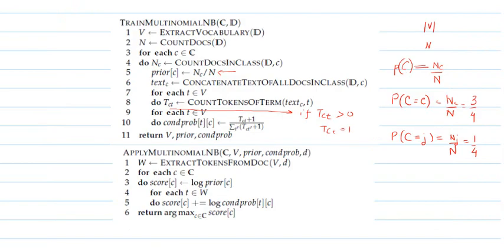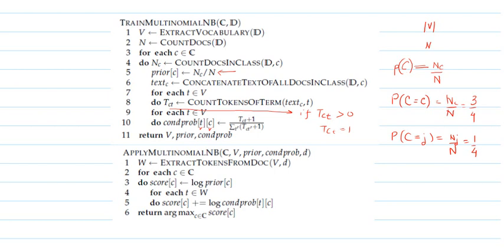So in this way we will be able to calculate the conditional probability for each term present in the class C, right? And then we can apply the Laplace smoothing here. So we are adding 1 to the count, and we are adding 1 to all the vocabulary, that is, T of CT dash is the total number of terms present, and we are adding 1 to each term.